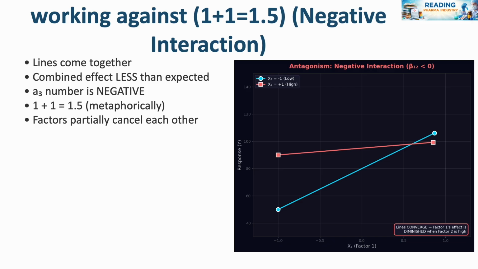Basically the lines will come together and meet, and that means the effect is less than expected. You will see that in the equation by looking at the value of A3, which will be a negative value. To some extent, that means the factors cancel each other.